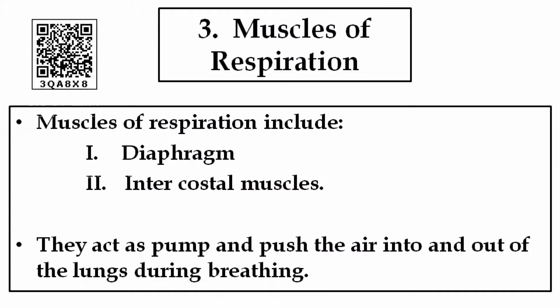Do you all know the action of a pump? Yes, you have noticed the action of a pump at your home. When you push, the air will be released. The same procedure follows in respiration.